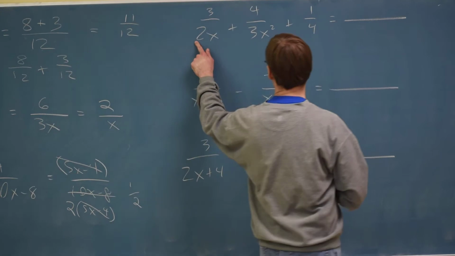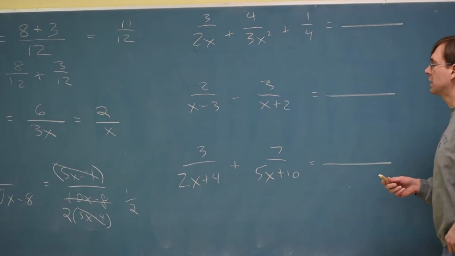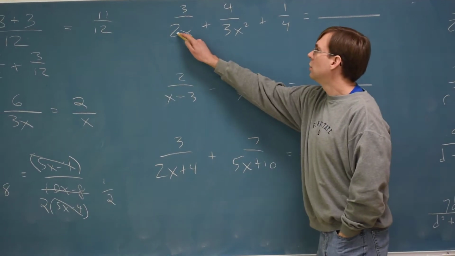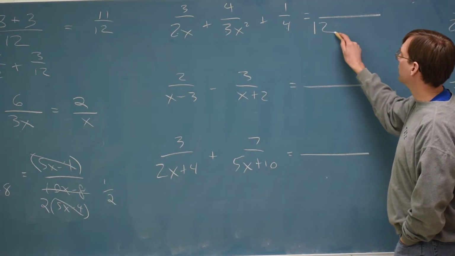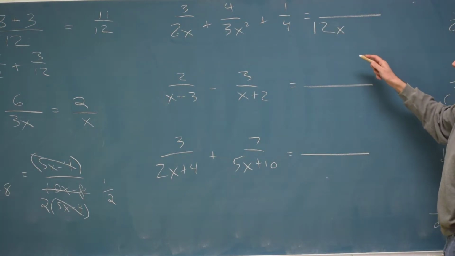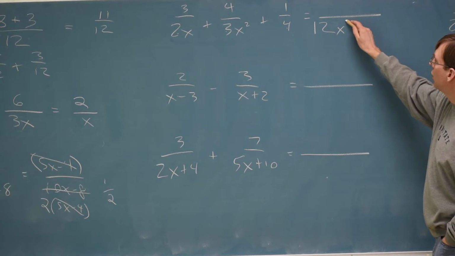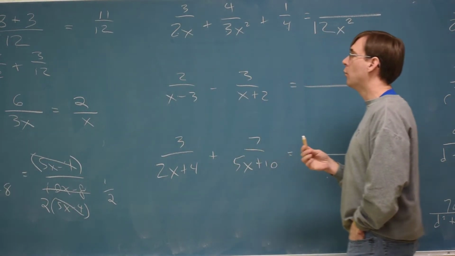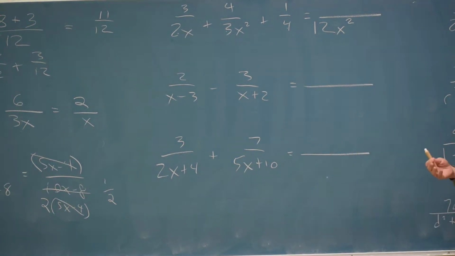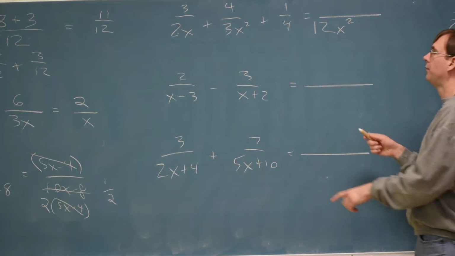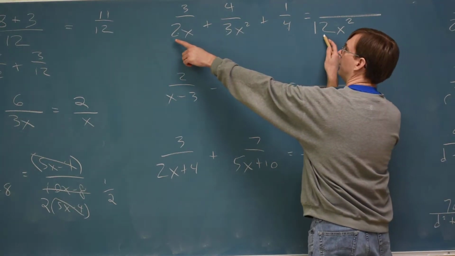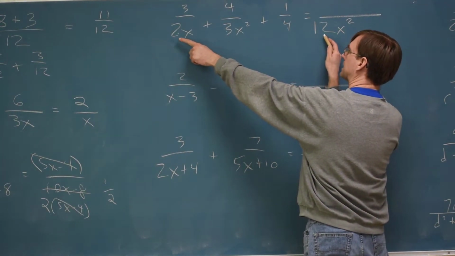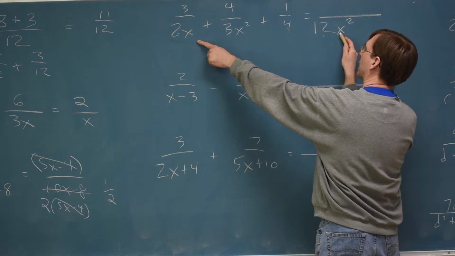For a question like this, we have 3 fractions, but the process remains the same. 2, 3, 4 all go into 12. For the x's, we pick the most of what we see, which is a 2 was the most. And then whatever new things happened on the bottom, we'll have to multiply the top. So for this first one, we multiplied by 6, and you gained a new x.